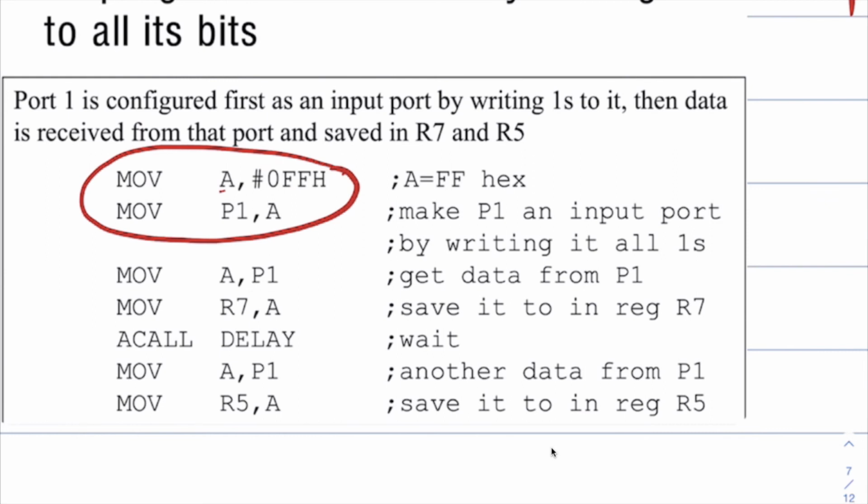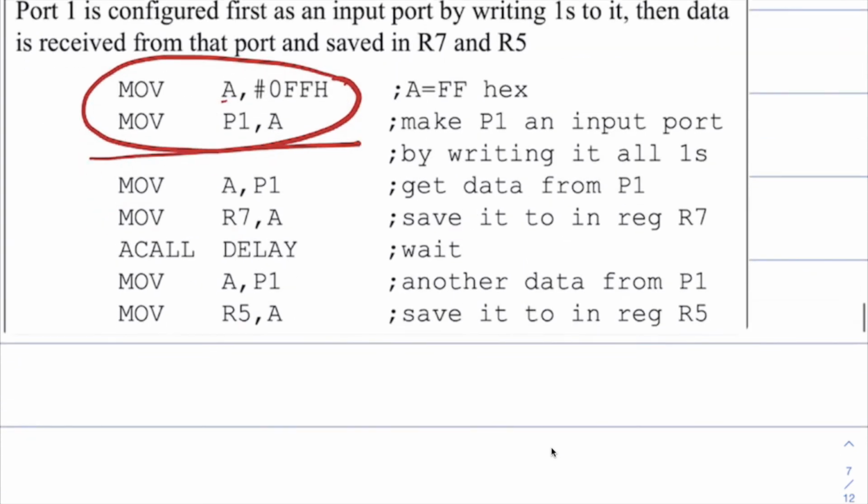Here we use port 1 as an input port by writing FF to port 1 using these two instructions. Once it is configured as an input port, we will be waiting for some values appearing in port 1, and if anything appears in port 1, that will be moved to A continuously, and whatever value we get, we then move to register R7.